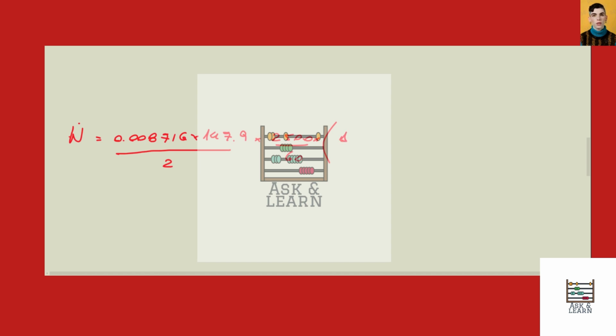So 1 horsepower is 0.7068 BTUs per second. Multiplying all this, the power of this engine is just 38 HP, horsepower. And that's the final answer.